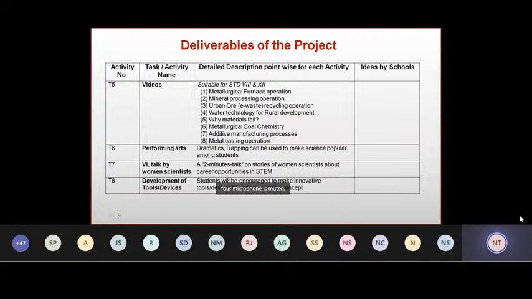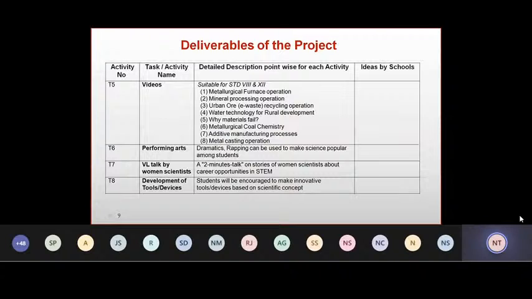The reason is women can be very creative and very practical. They see in a different way, and that is very much required in science, because when there is innovation, there has to be development. We need that perspective, and we are missing it. So we would request you to take up this issue very seriously and motivate our students to take up science, and we are going to make some videos or lectures on that.